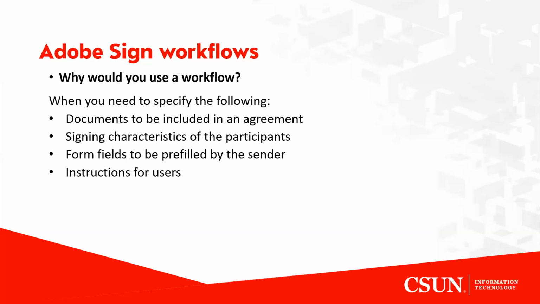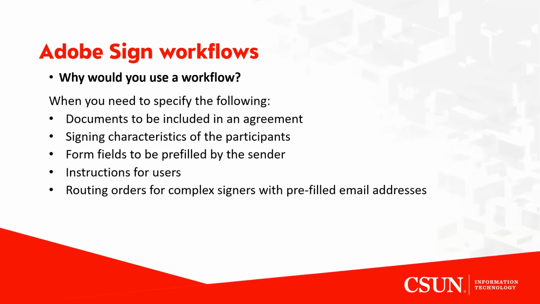Specific instructions for senders. You can provide as much information as you want in a workflow in terms of instructions and reference links and things like that, which you can't typically do by just sending out a document. Routing orders for complex signers with pre-filled email addresses.